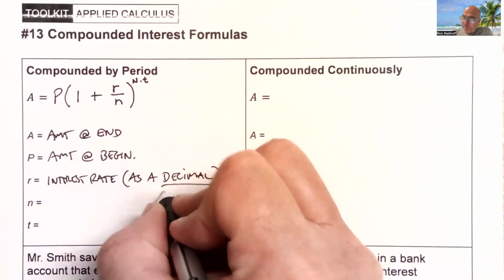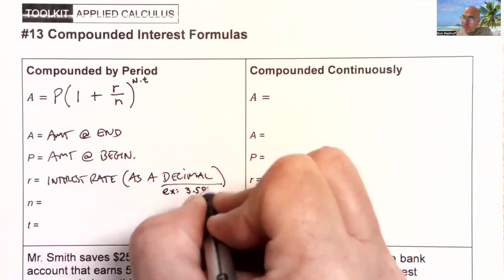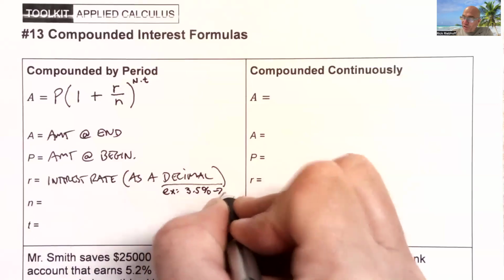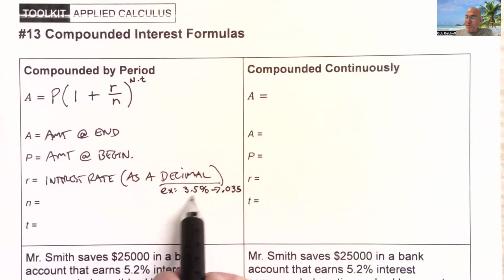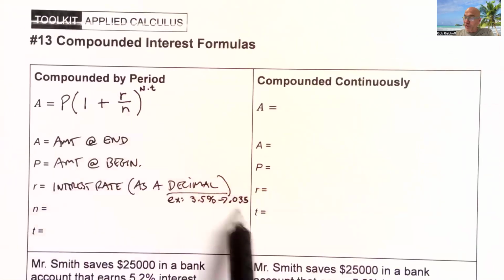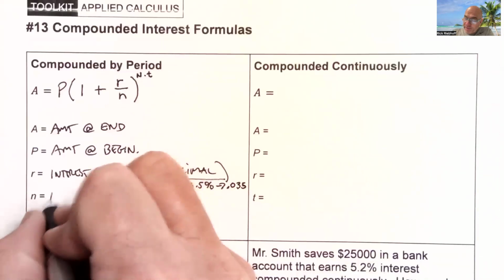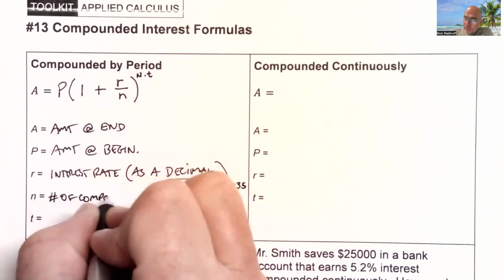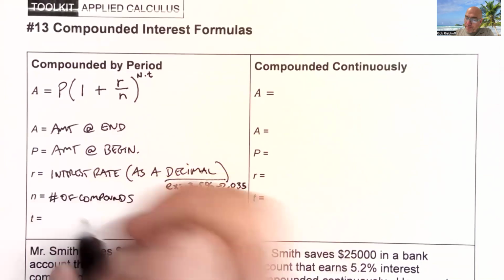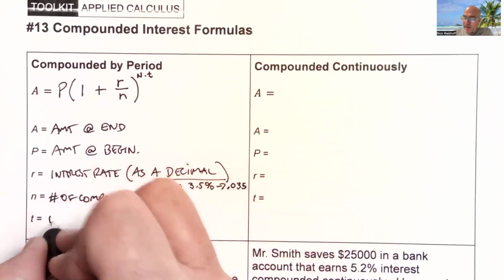So for example, 3.5%, you would use 0.035. Okay. We're not going to put 3.5 into this formula. We're going to put 0.035 into this formula. N is going to be the number of compounds in a time period T. T is the time period.